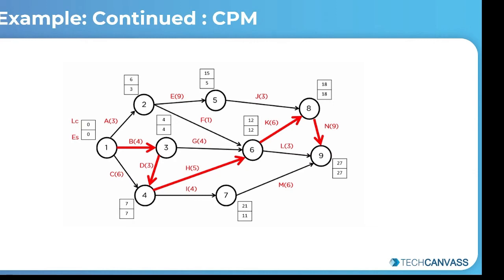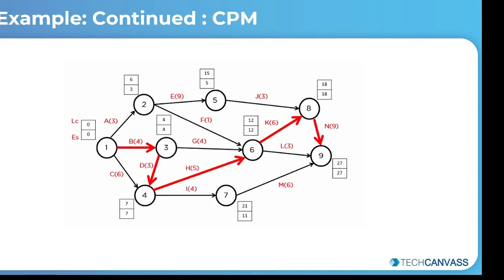Now for the second part of the critical path method, let's take up the backward pass. For that, we will be using the formula, which is the latest completion time of the tail node is equal to the latest completion time of the head node minus the distance between the two. So we have to start the backward pass from the final node, which is node number 9.